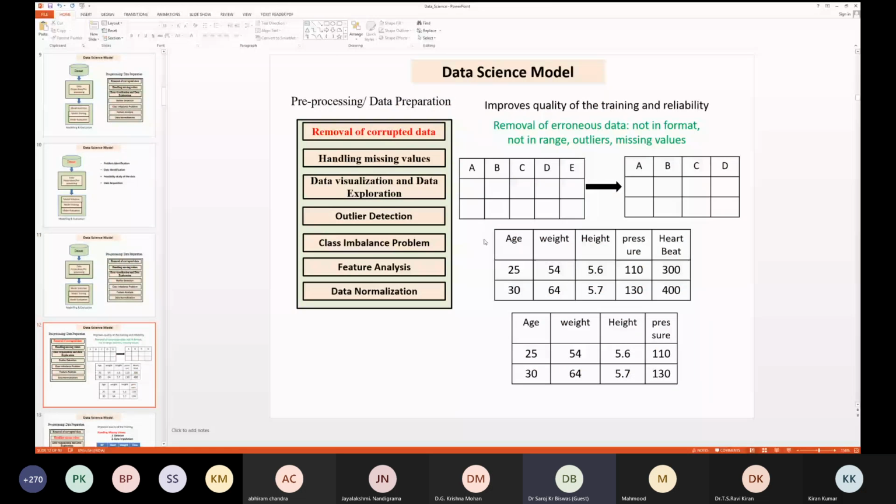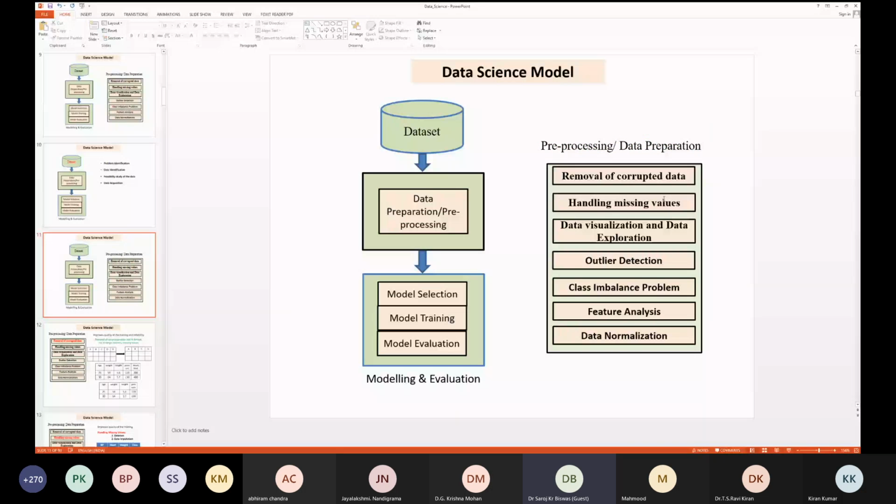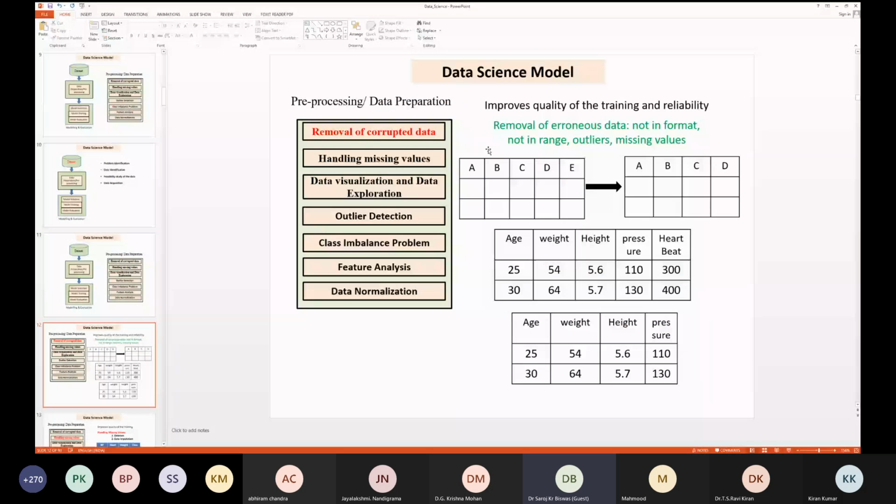Now the question: what is the need for removal of corrupted data? Initially, try to understand what corrupted data actually is. Say here we have a problem. See this table. We have certain attributes: age, weight, height, pressure, heartbeat, and there is a certain kind of classification.